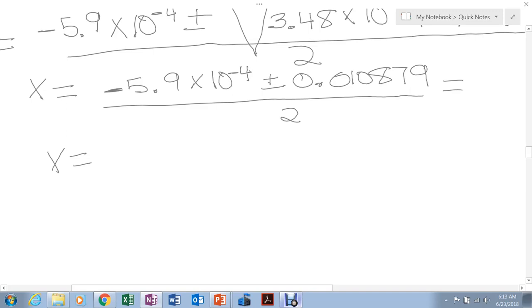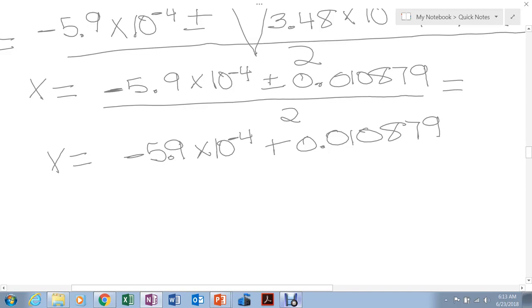So you're going to use minus 5.9 times 10 to the negative 4 plus, if you use negative and negative, it gives you negative. So 0.010879 divided by 2.